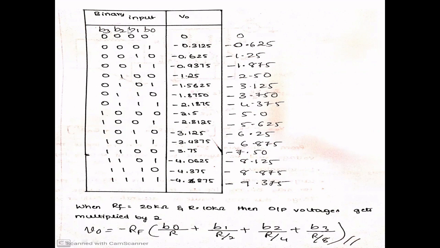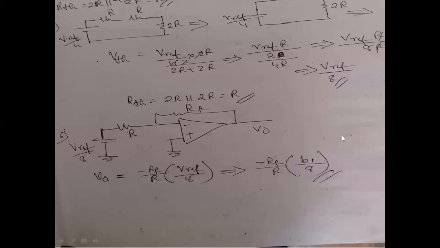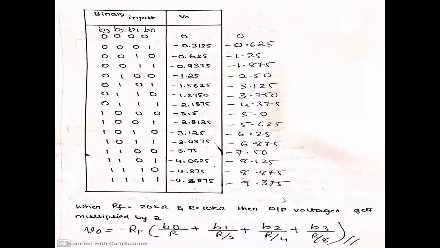Okay, similarly, when we consider B1 is high, our output voltage is going to be minus 1.25.